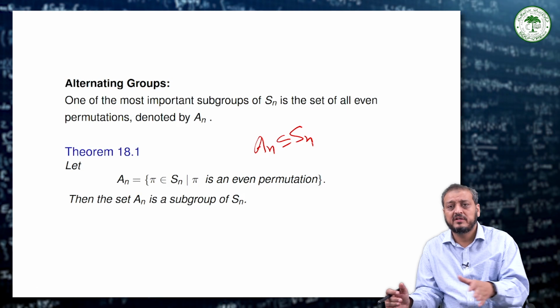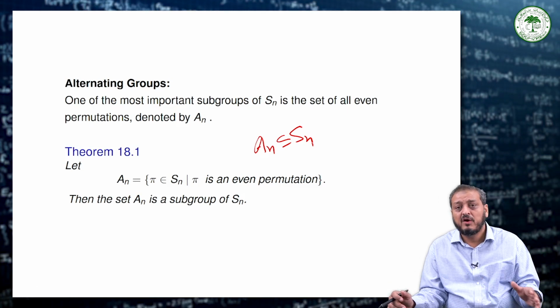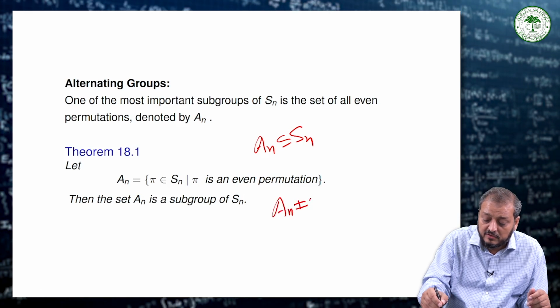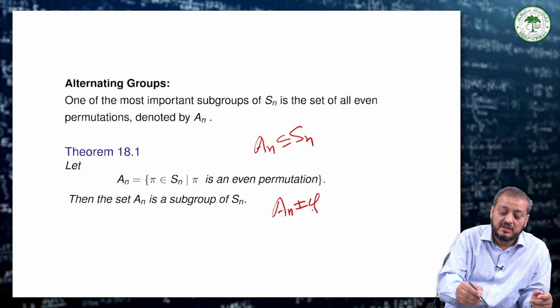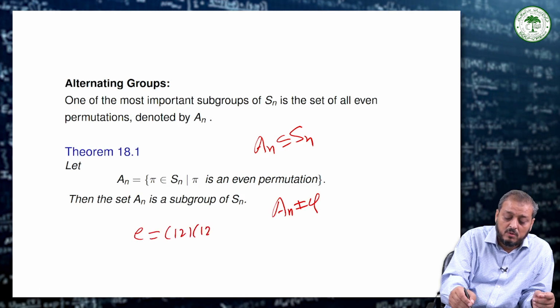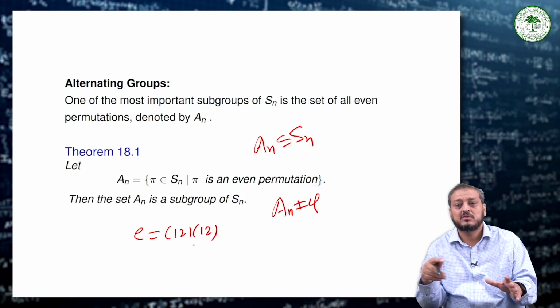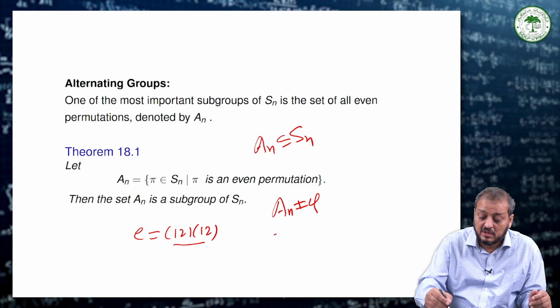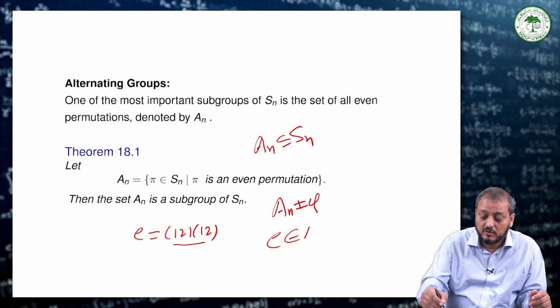So, An is clearly a subset of Sn, and An is non-empty, because the identity can be written as (1 2)(1 2), a product of 2 transpositions. So, that is clearly even. The identity permutation clearly belongs to An.